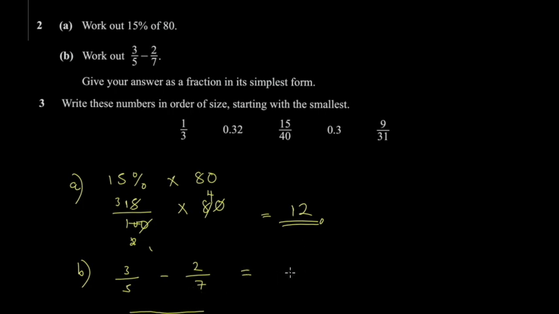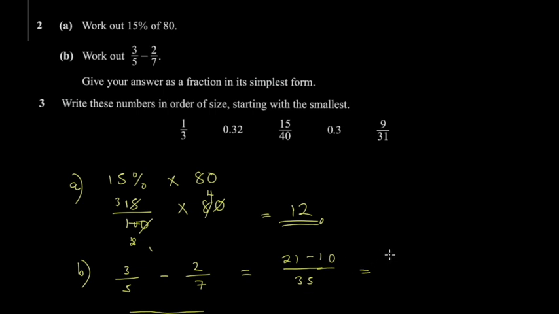Since we don't have space, let me write it here. So you'd have 35 here, and 5 into 35 gives 7, then 7 times 3 gives 21. Then 7 into 35 gives 5, and 5 times 2 gives 10. So you'd get 21 minus 10 over 35.